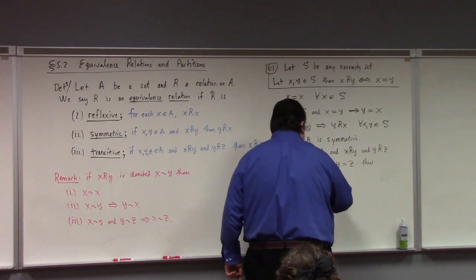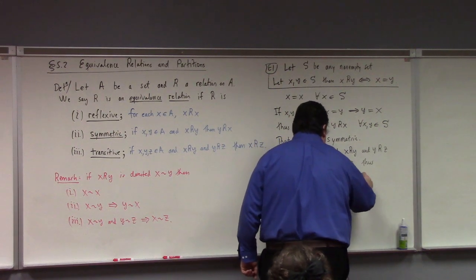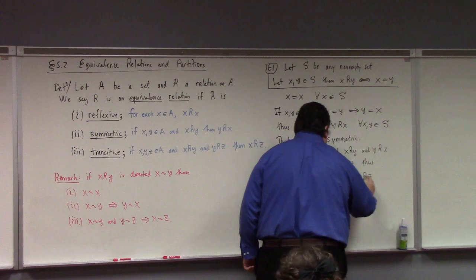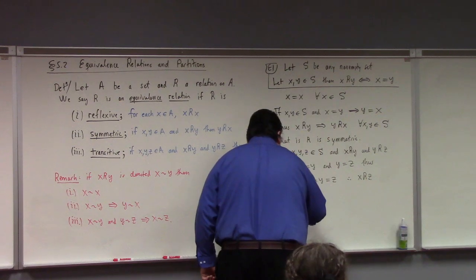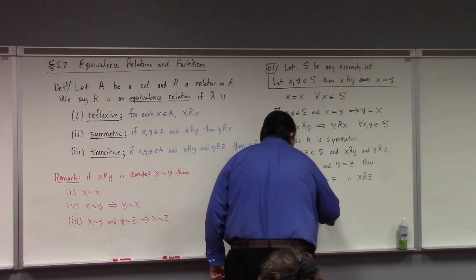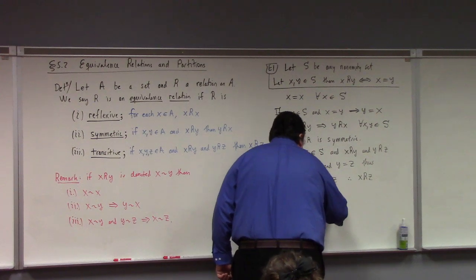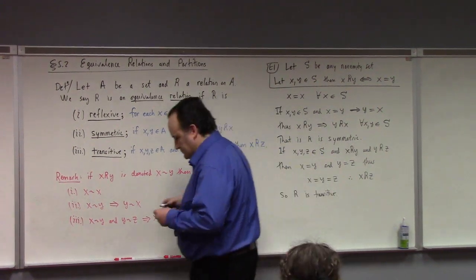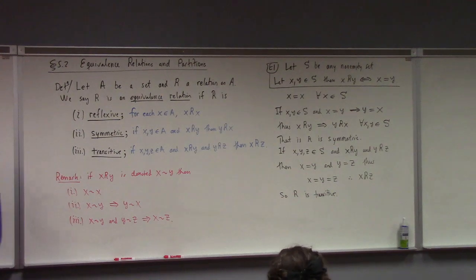X equals Y equals Z. Therefore, X is related to Z. So R is transitive. In short, equality is an equivalence relation. Equality, as we commonly understand it, is an equivalence.